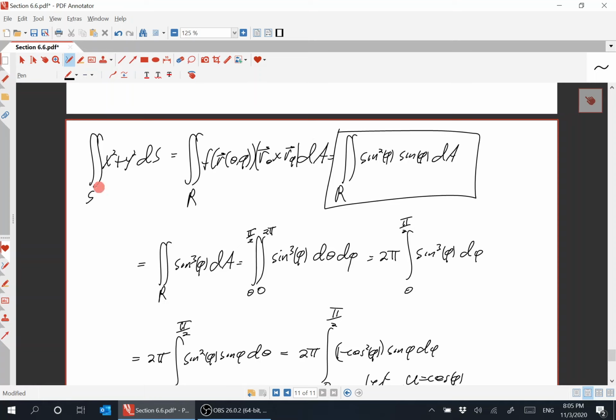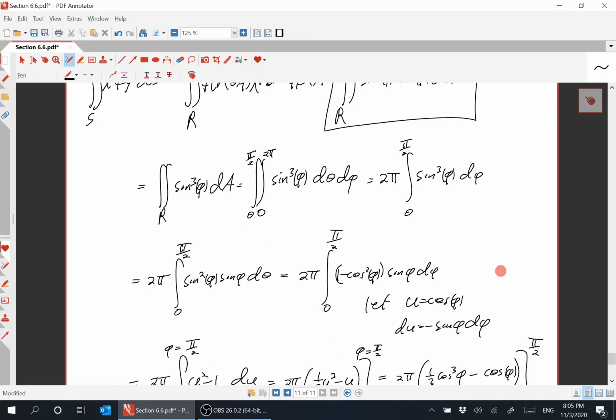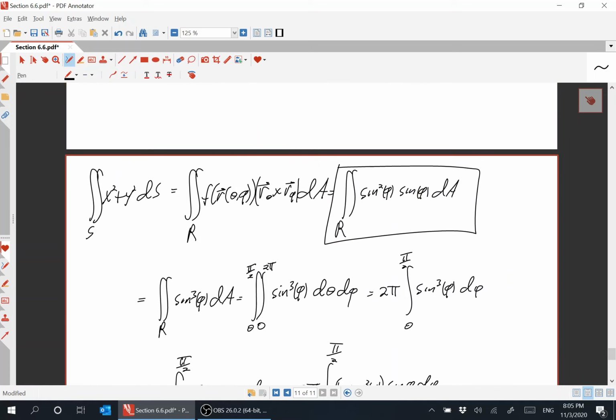The surface integral of x squared plus y squared dS is the double integral over R of f of r of theta phi times the length of the partial derivative of r with respect to theta cross the partial derivative with respect to phi, times dA, which gives me this double integral. And this double integral is in terms of theta and phi to begin with. No conversion, no conversion factors. You just solve. Think of theta and phi as x and y.